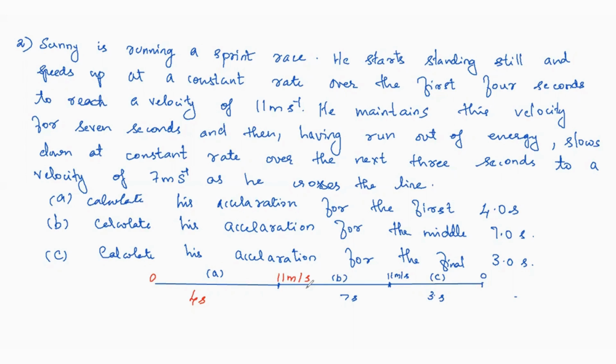The acceleration equation is change in velocity over time. So average acceleration is change in velocity over time.